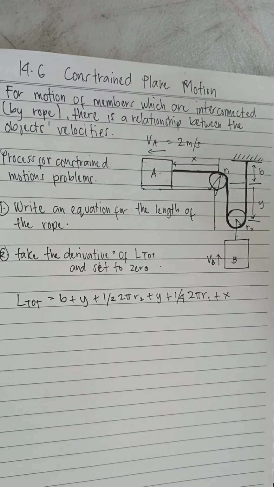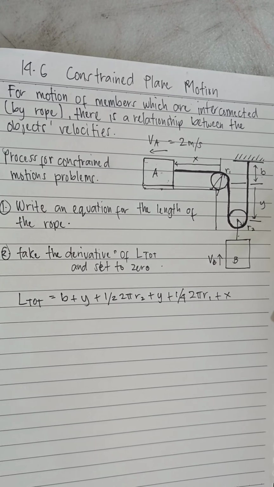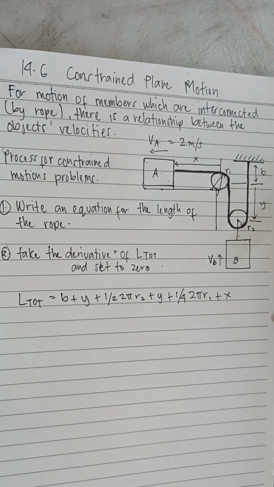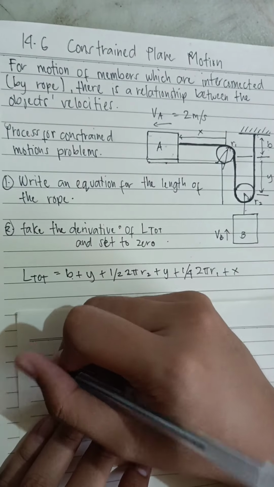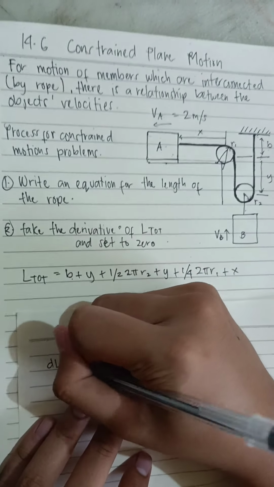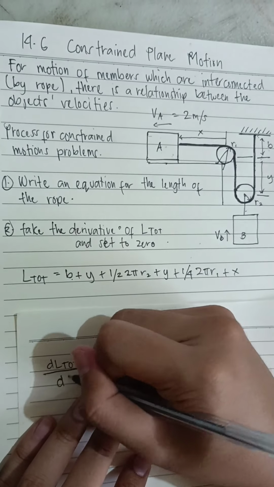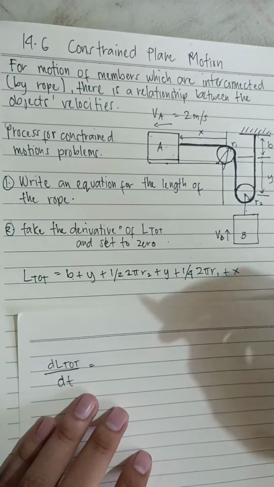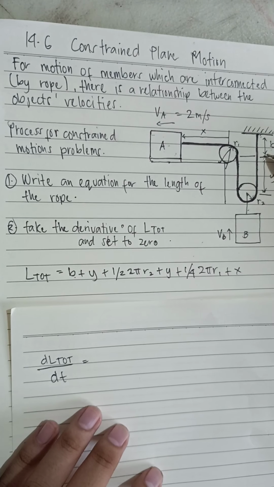So ang susunod naman natin na gagawin is to take the derivative of L total. So the derivative of L total: ang derivative ng B from this point to this point, ang rope na nasa B is not changing kahit nahilain mo pa siya.